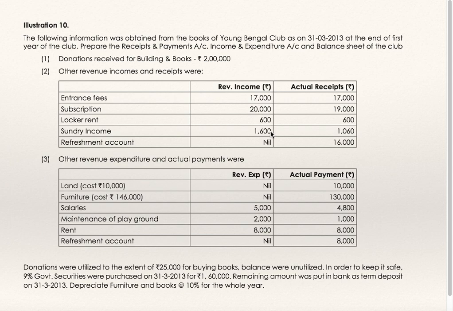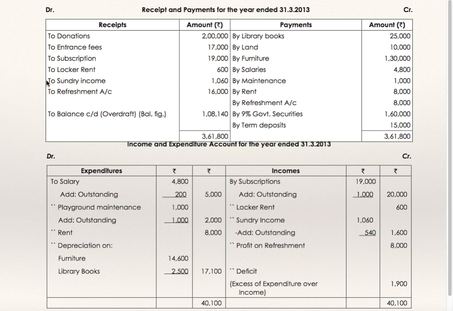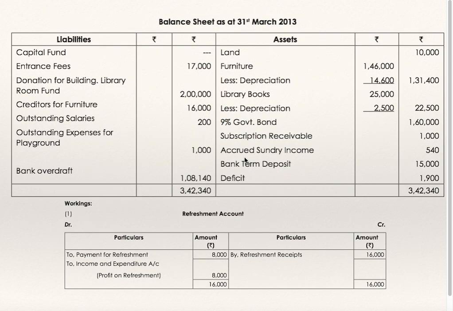Sundry income is 1,600 and actual receipt is 1,060. Income side sundry income 1,060 plus outstanding, because they are showing the revenue item as 1,600. Outstanding is 540, which you will find on the asset side. Accrued sundry income 540.